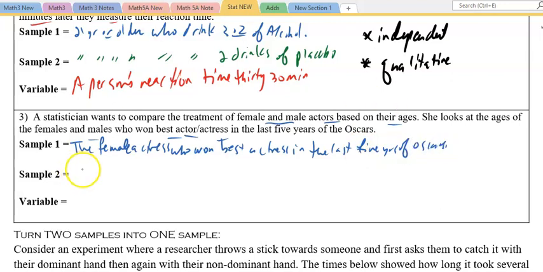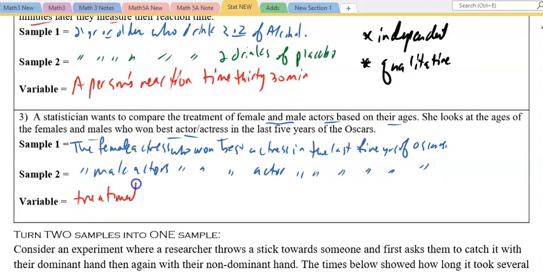Group 2 would be the males, the male actors who won best actor in the last 5 years of the Oscars, and the variable here is treatment of actors based on gender.